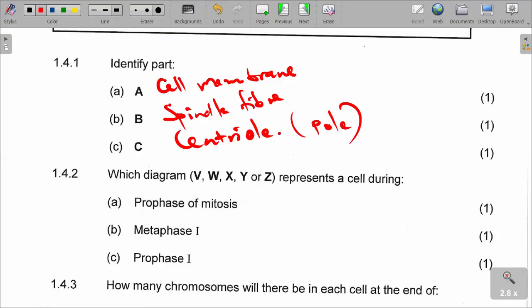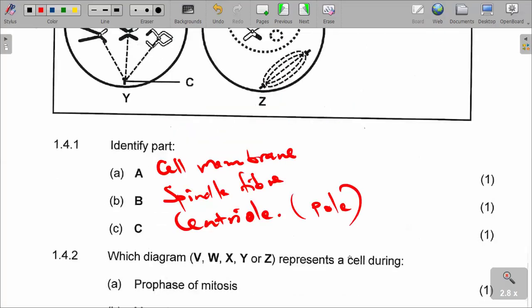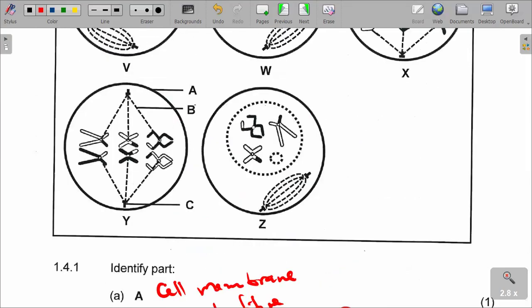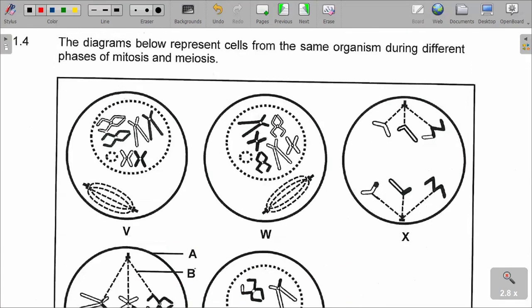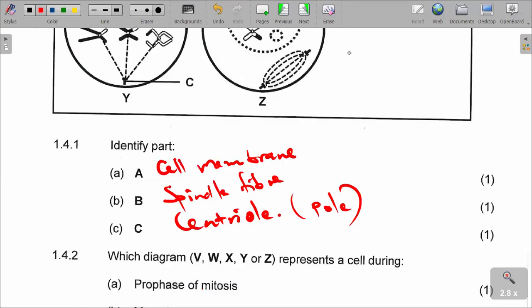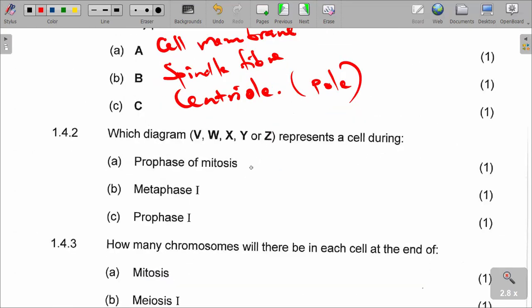When we look at the structure and process of meiosis, it is one thing that you cannot omit whenever you prepare for matric examinations, whether it is mid-year or whatsoever. Meiosis is always there. So we need to know the process of mitosis. It can be represented by W.